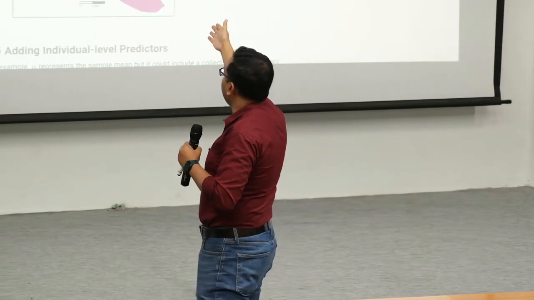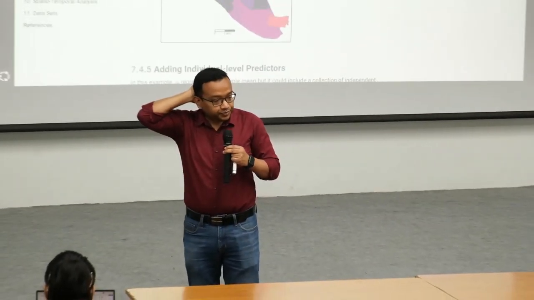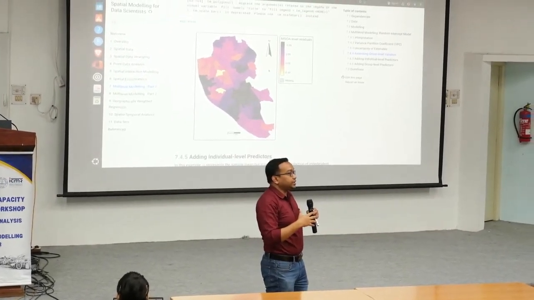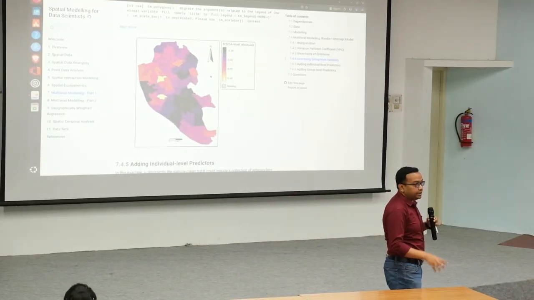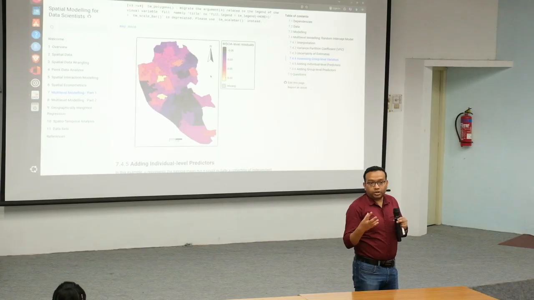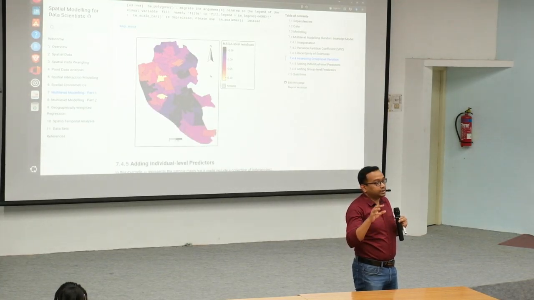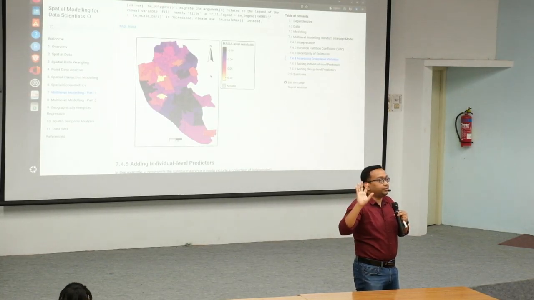In reality, if you have dependent observations, your variance of estimation changes. Let's say you have 100 individuals who are independent, the amount of information they are giving you is, let's say, some 1 unit each.